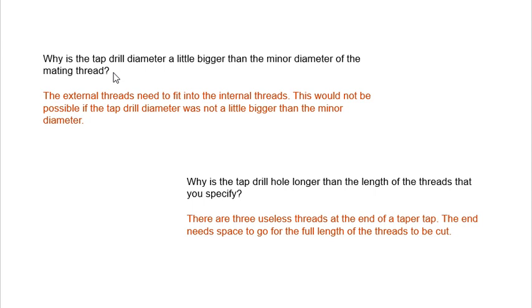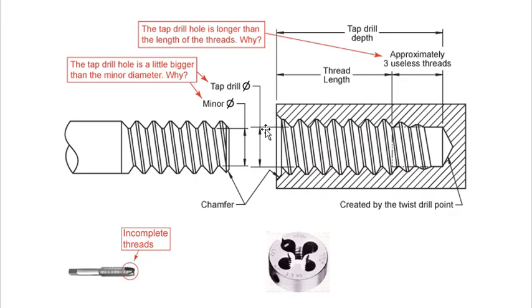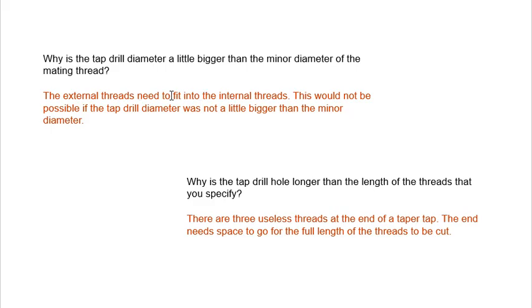So you gotta make the tap drill diameter bigger. If you make it the same, it will be very difficult for that to fit into this, okay? So just remember it, because it needs to fit into the internal threads.